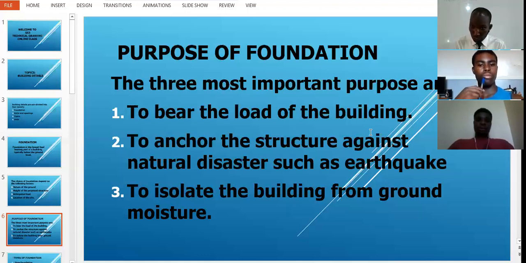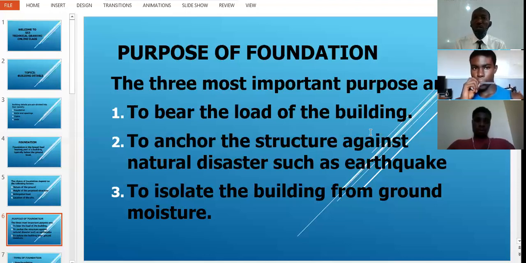I don't know if you have seen that somewhere before. You see the wall will always be wet. Underground moisture finds its way into the wall and even into the floor of the building.